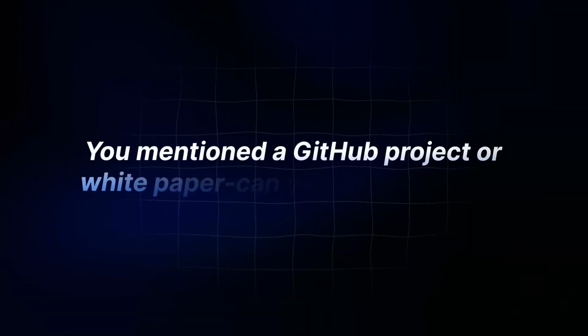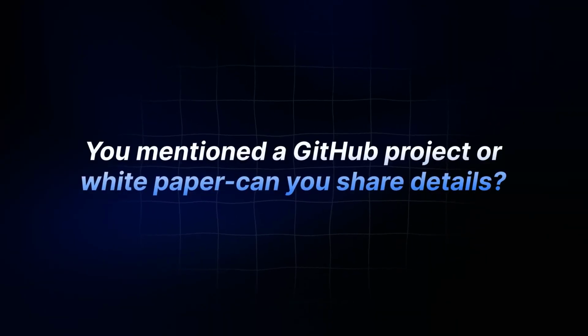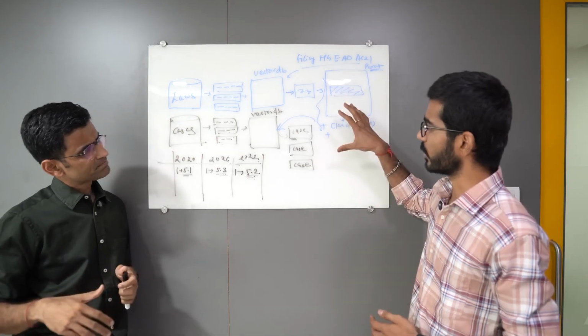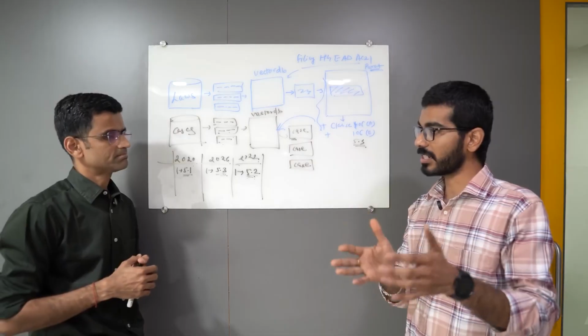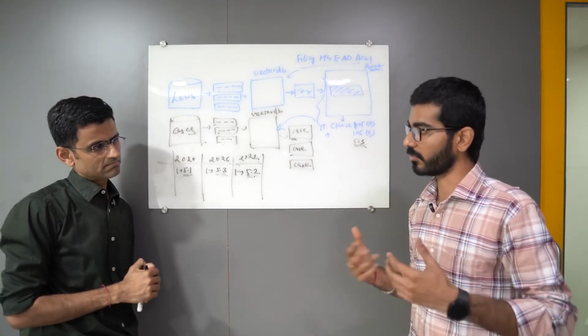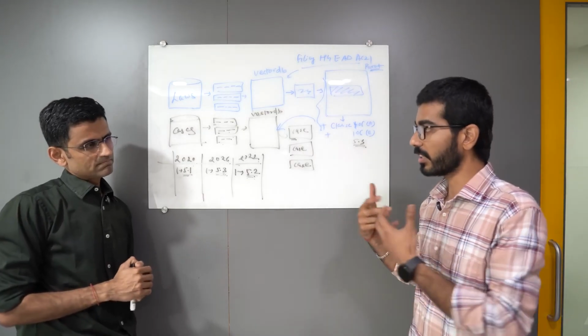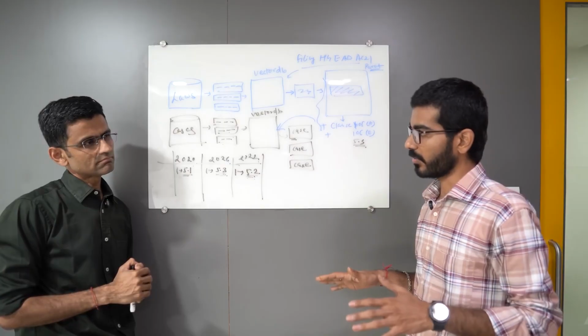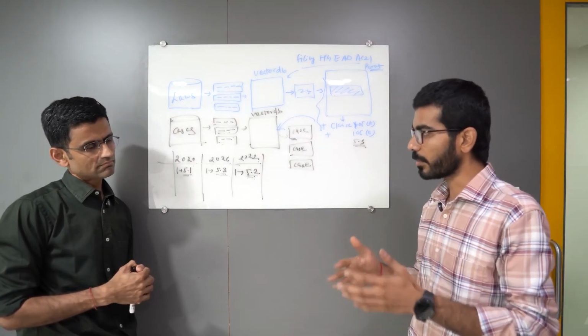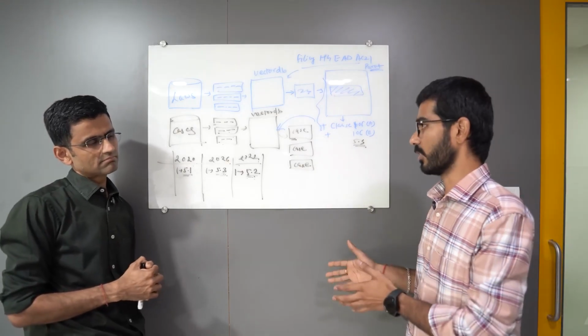Custom retrieval, yes. You mentioned that you're working on some kind of GitHub repo or white paper for this. Do you want to talk about it? Yes, because it is not the general chunking. In any RAG project, chunking is the very first and most important thing. The way we parse the document and create chunks has the utmost value. Whatever chunking mechanisms we tried, like overlapping, semantic, or hierarchical chunking, didn't work.